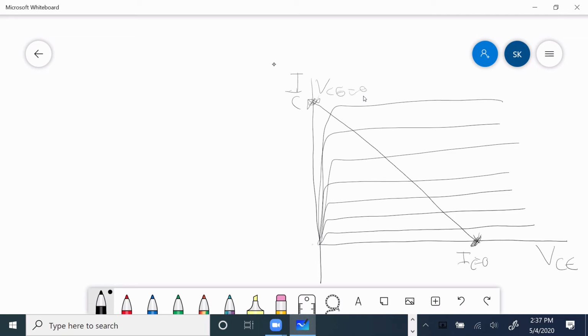So in that relationship, VCC is equal to VCE plus IC RC. When IC equals 0, VCC will be VCE. I choose this value here, I call it 15 volt.